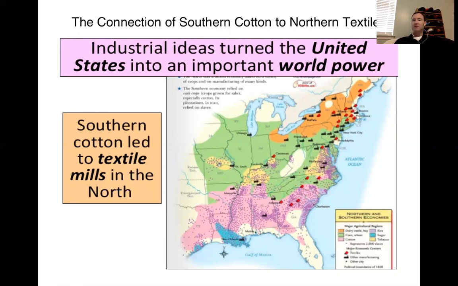And so think about it, guys. What do we notice in the South, and also some parts of the area that we also associate to an extent with the Old Northwest? We're seeing a lot of cotton. And think about it like this, guys: if you have a lot of cotton, you can sell it abroad, but you can also sell it within the country to all these northern factories.